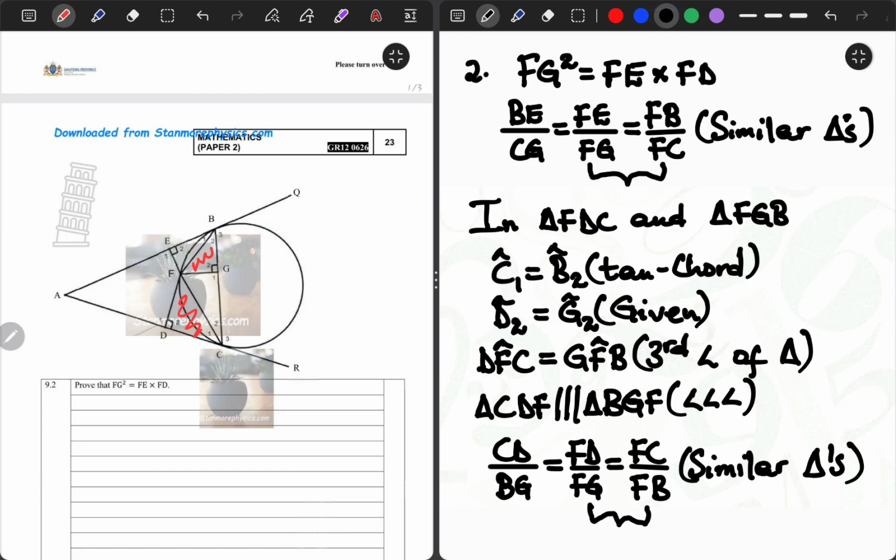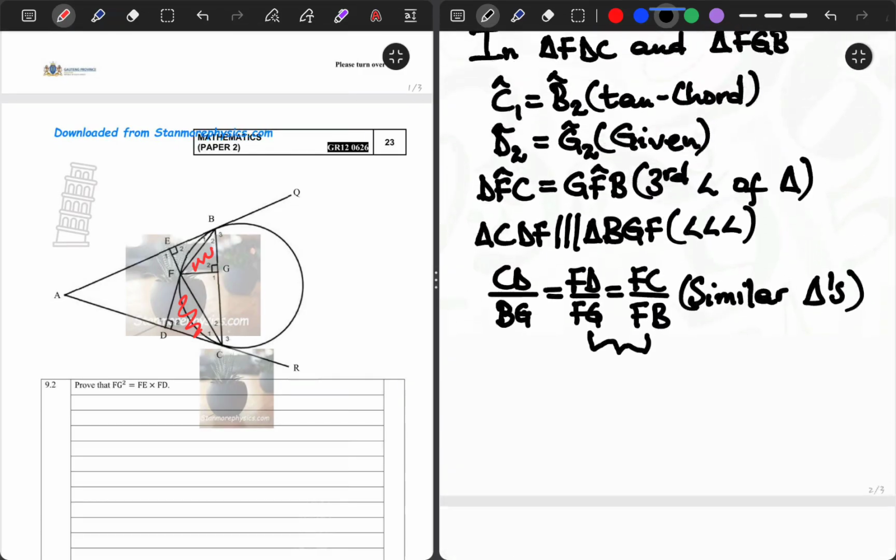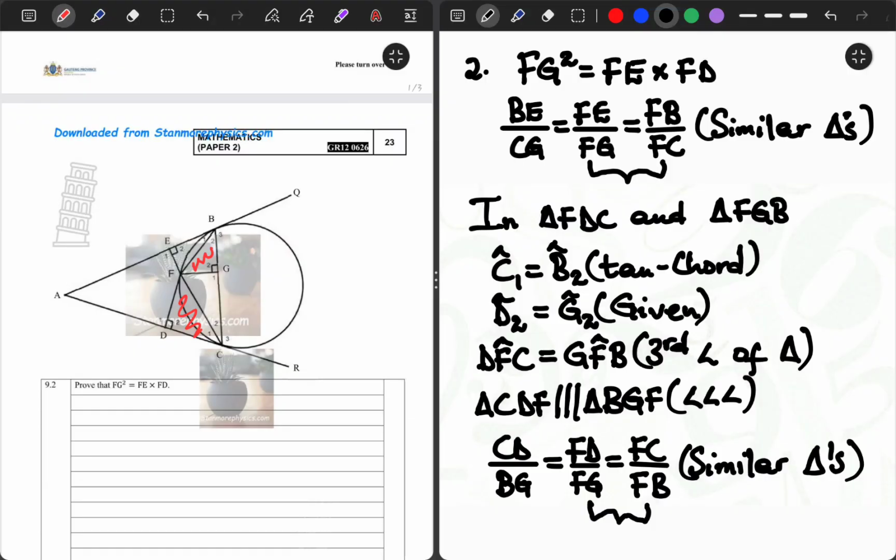Taking them, I think we can make FB subject of the formula. Let me take them. The first one, I would like to copy it.